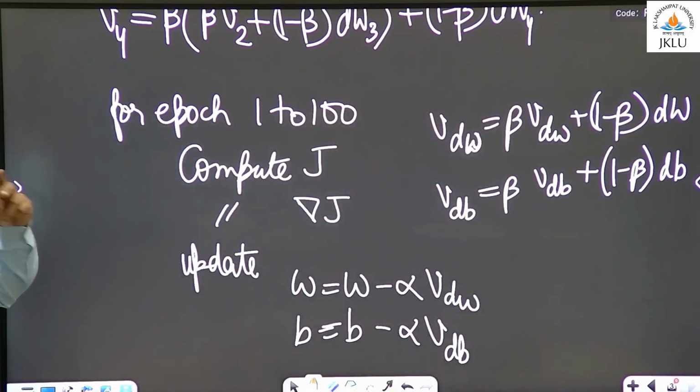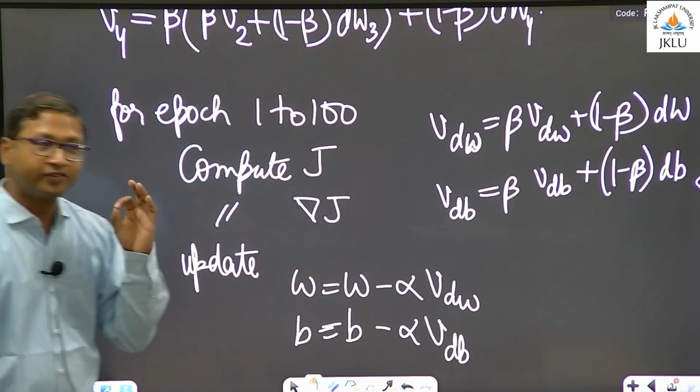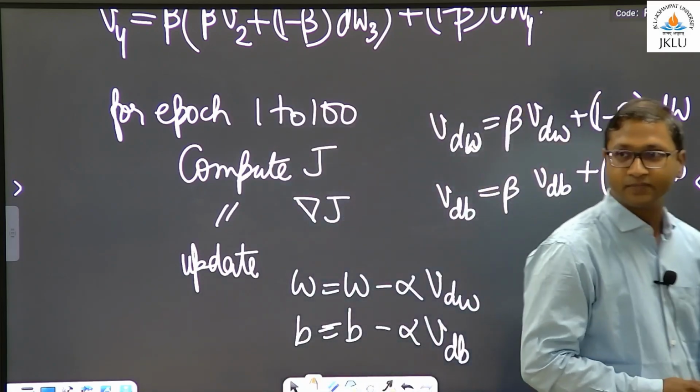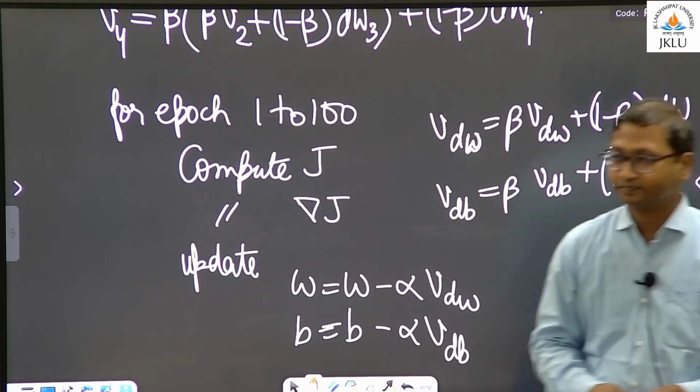All right. So this is gradient descent with momentum. The name of this algorithm is gradient descent with momentum.